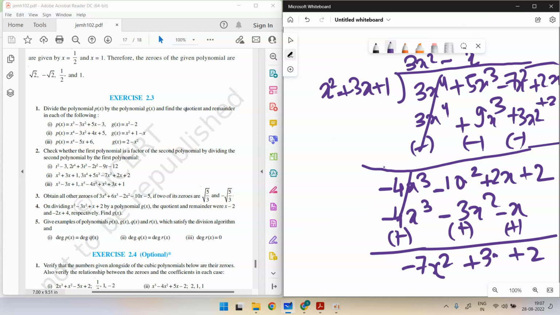Now for this x square there is minus 7, hence you need to multiply it by minus 7. Minus 7x square minus 21x minus 7.